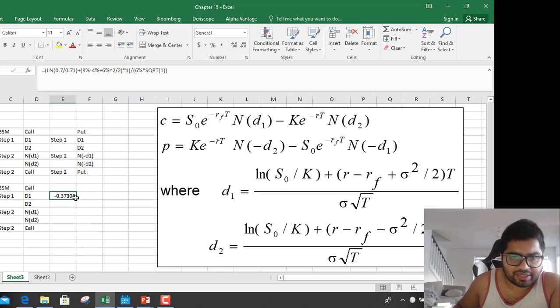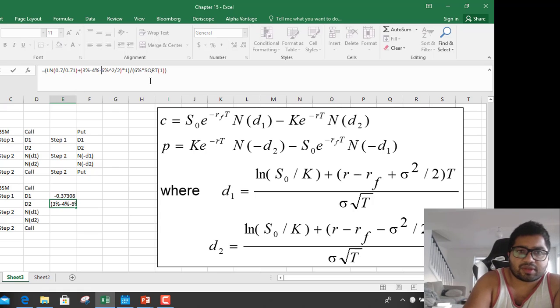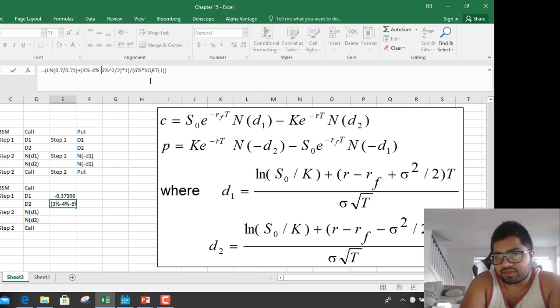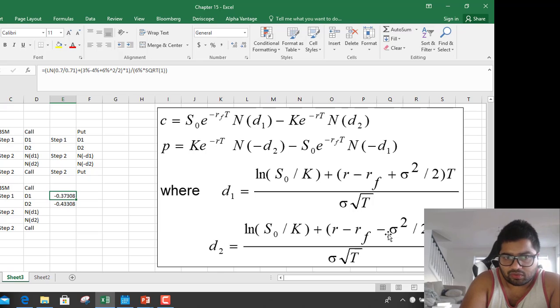Now D2, I can just drag it down and change the addition of sigma to subtraction of sigma, because instead of adding it gets subtracted. The rest is the same. So we know D1, we know D2.